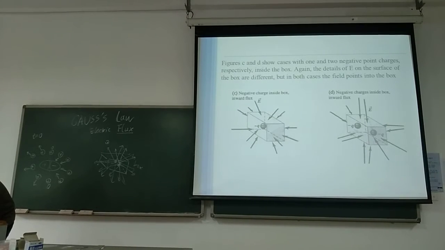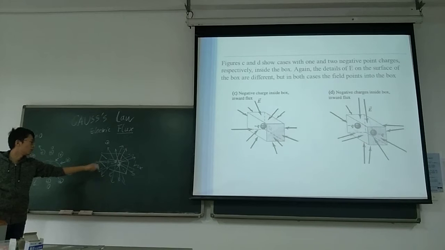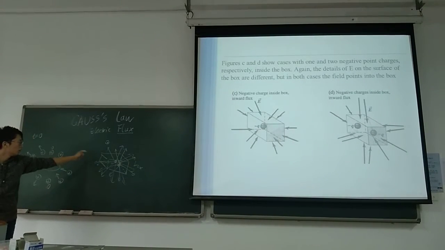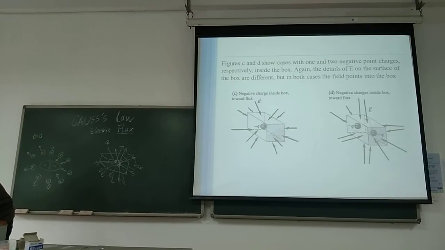And when the positive charge is replaced by a negative charge, which means in this situation there is a negative charge inside the box, the flux will go the opposite way, from far away to the point, to the negative charge. Again, if we double the negative charge, the flux is doubled.